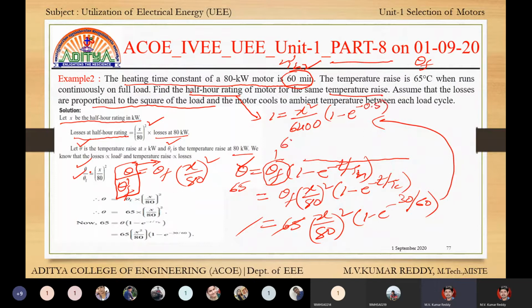So 6400 is equal to x square into (1 minus e power minus 0.5). The value of e power minus 0.5 is 0.606 (the inverse of e power 0.5).